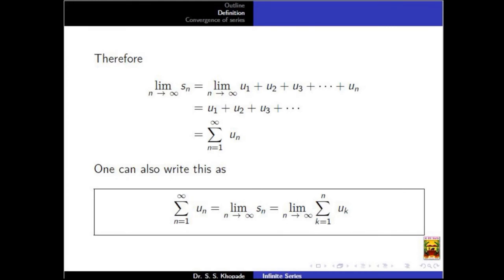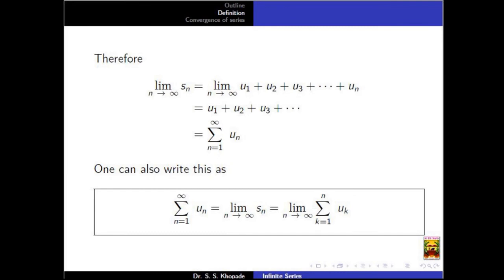Thus the limit of the partial sum Sn is the limit of u1 plus u2 plus up to un. Now n tends to infinity, so u1 plus u2 plus this summation goes up to infinity, which is actually our required series summation un. Thus the sum of the series is nothing but the limit of its partial sum as n tends to infinity.